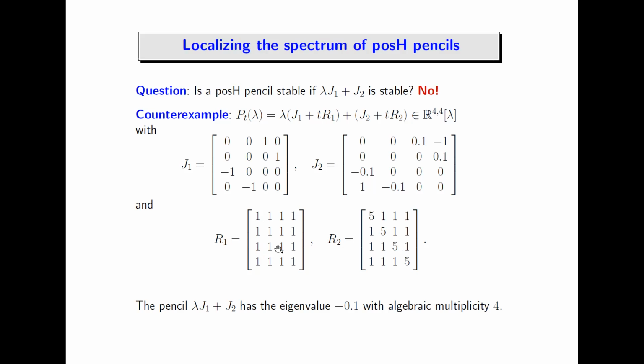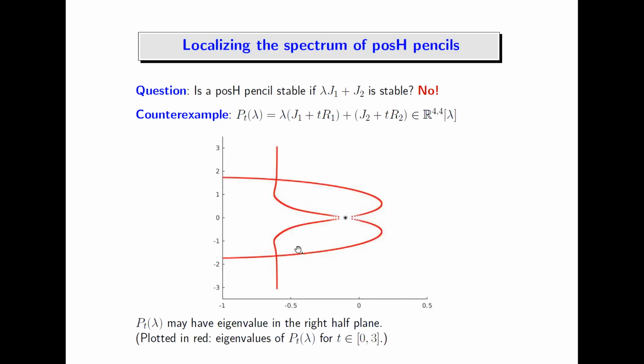And then we plot the eigenvalue curves for different values of t when t ranges from 0 to 3. So the star marks when we have this eigenvalue with algebraic multiplicity 4 at minus 0.1. And you can see there are some values for t when it goes to the right half plane. And if you take r large enough, then everything is in the left half plane. But so unfortunately, this we cannot say.